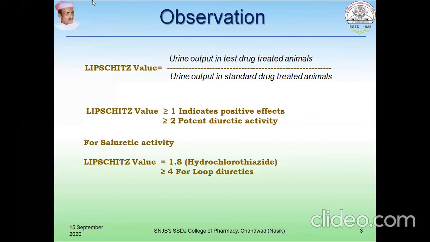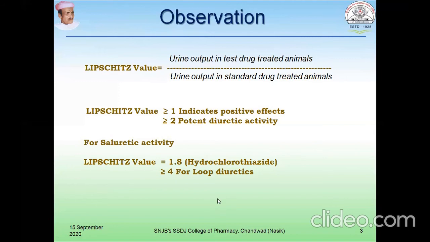In that case, loop diuretics show the characteristic steep dose response curve. Saluretic activity can also be tested using this test. Saluretics are drugs which promote the excretion of salt in the urine, particularly sodium, chloride, potassium, etc.